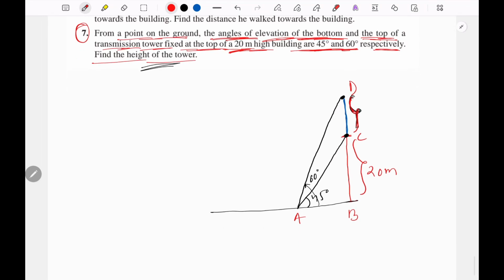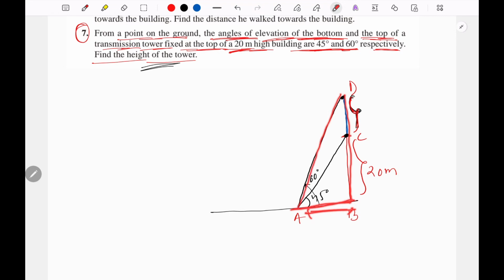So for that what we need to do, see, there are two triangles. One is this A, B and C. This is one triangle. From this triangle we know the length of this BC, so we can calculate this length AB. If we calculate this AB, then we will consider this triangle ABD.